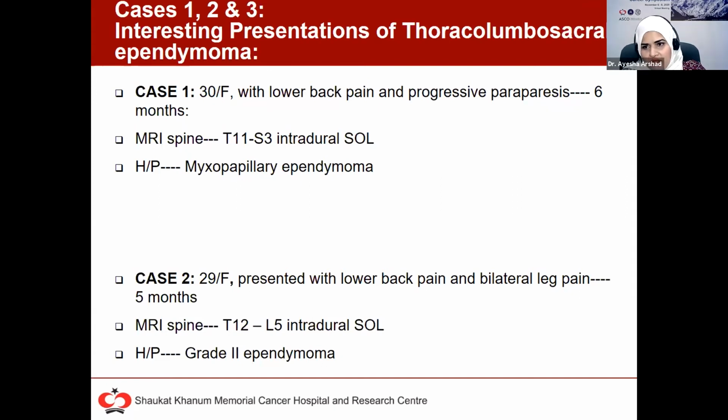Initially, there was no neurological deficit, and they have both been carrying their disease for 6 months. I'll explain the reasons. In the first case, this lady presented with lower back pain and progressive numbness, some paresthesias. At that time, she had an MRI done, and that MRI showed a huge T11 to S3 intradural space occupying lesion.